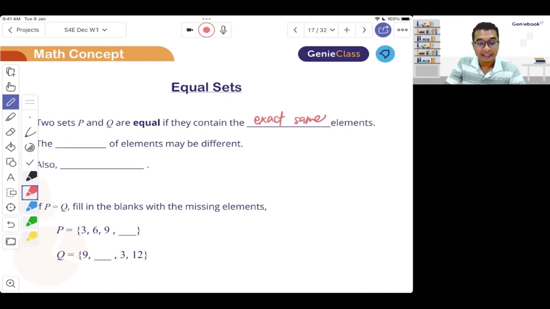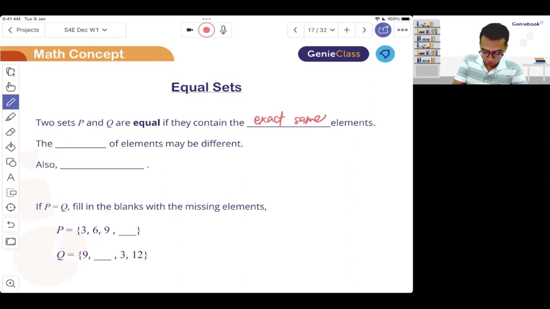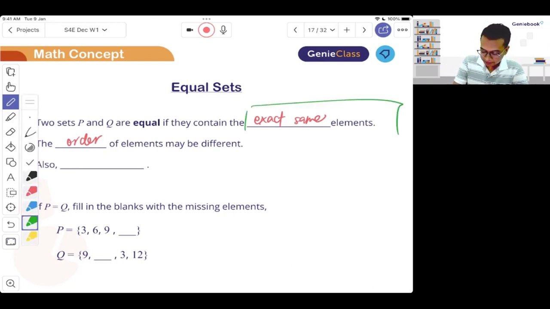Okay, it must be exactly the same. Now, the order of the elements may be different. I mentioned earlier that generally we like to arrange our elements in ascending order, but that's not always the case. Sometimes it's all jumbled up, sometimes it's in descending order instead. So do take note. Now, exact same elements would actually be our first condition.